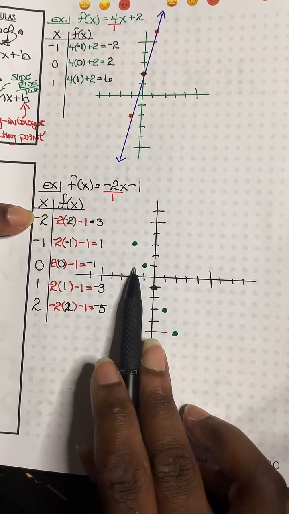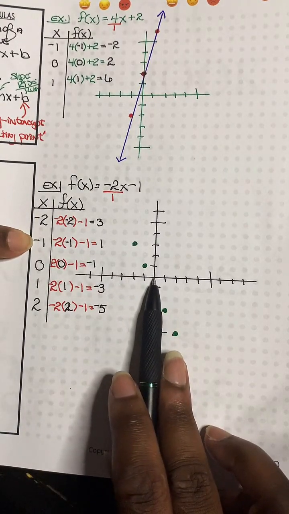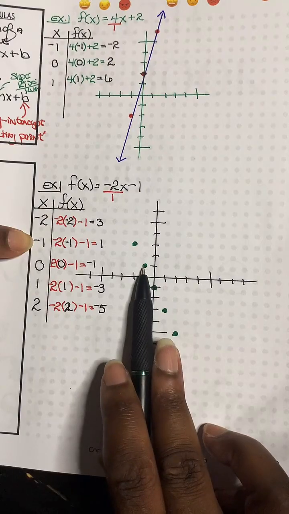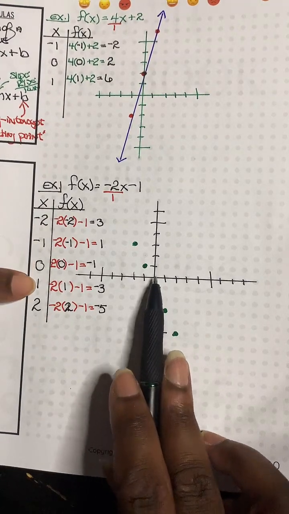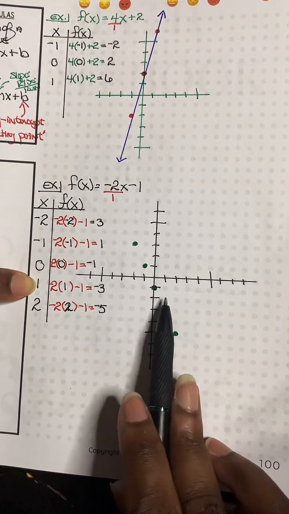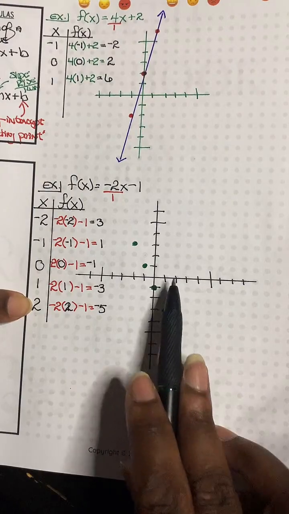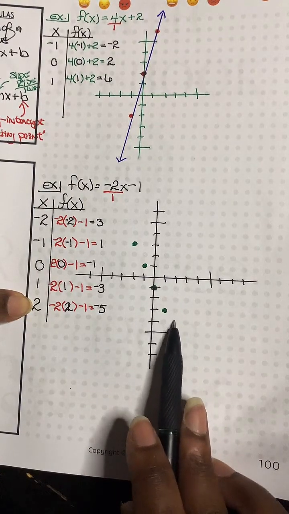Here's my -2, 1, 2, 3. Boom, there's that point. Here's my -1, 1. Here's my 0, -1. Then I'm going to 1 and down 1, 2, 3. There's that point. And here's 2, and go down 1, 2, 3, 4, 5.